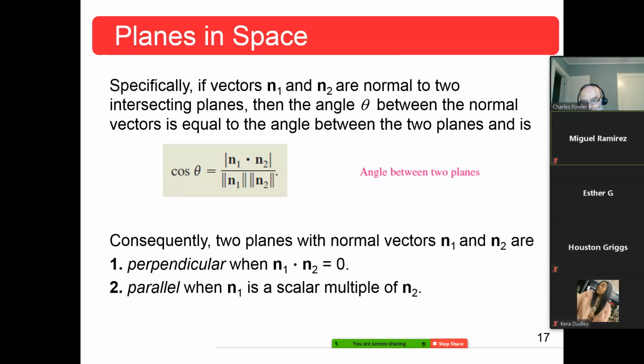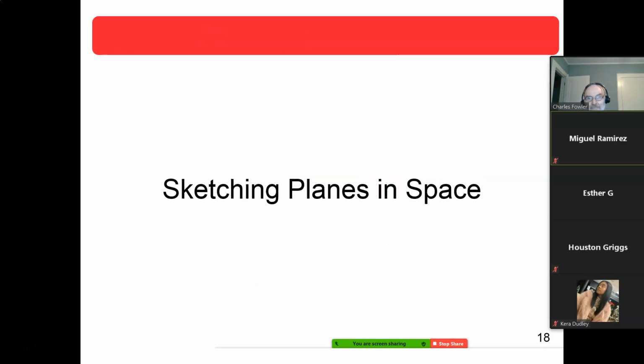That's not the only two possibilities, but it's two that we want to focus on. Perpendicular when the product is 0, parallel when n1 is just a scalar multiple of n2.